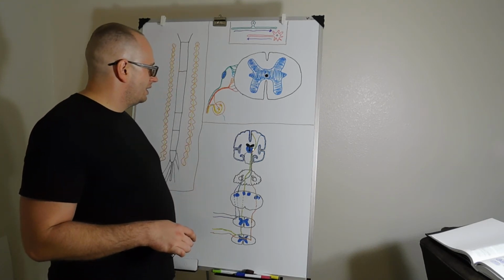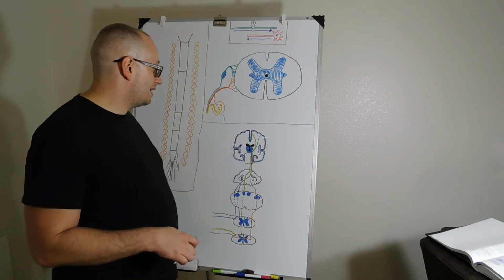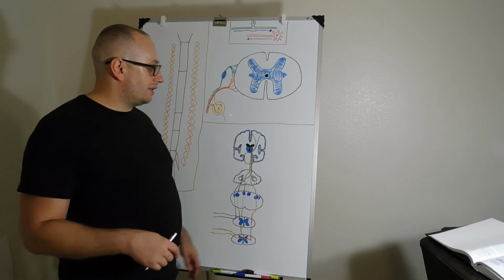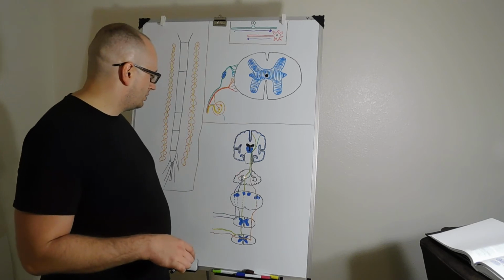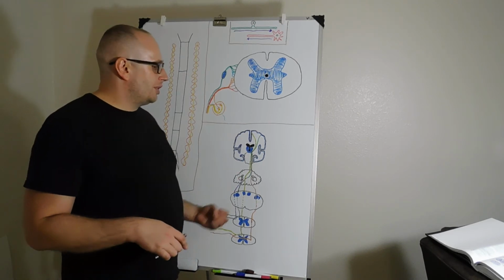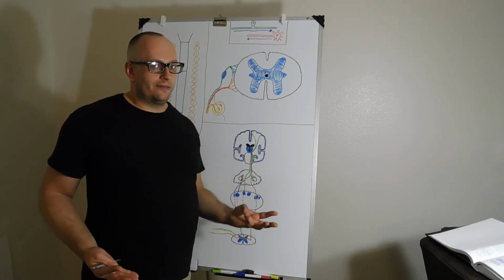Then from there, it's conducted up to a bunch of areas. In fact, even before it gets to the thalamus, it probably has collaterals that go to different areas, including the parabrachial nucleus, which would be somewhere in here in the brain. It goes to the hypothalamus. It goes to the amygdala, which is where you feel fear.